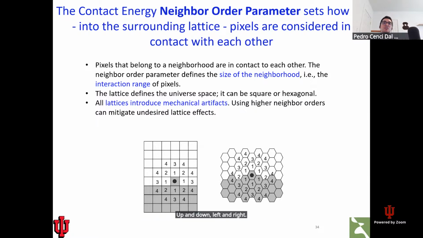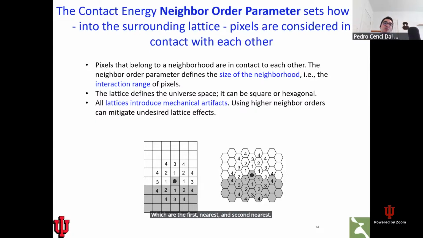If your neighbor order is 2, then the neighbor region is comprised of the nearest, which are up, down, left, and right, plus the second nearest, which are the diagonal pixels. So neighbor order 2 is up, down, left, and right diagonals, which are the first nearest and second nearest.